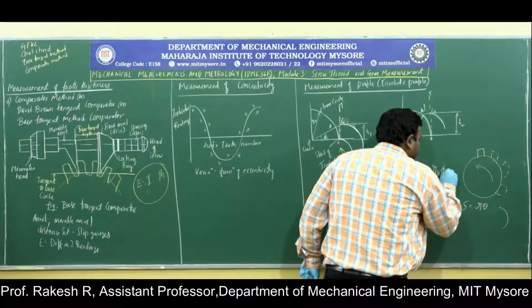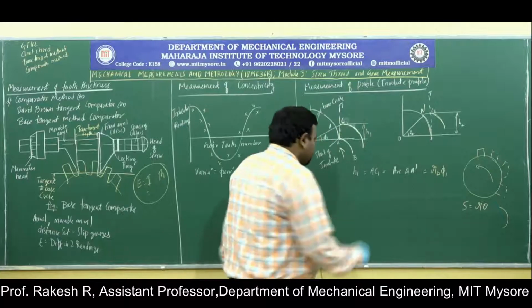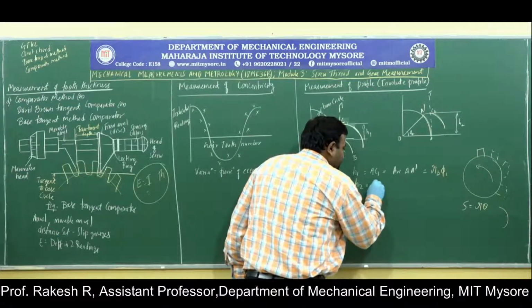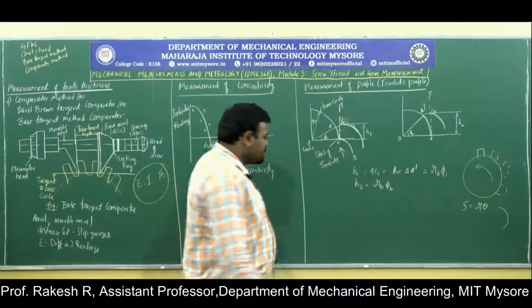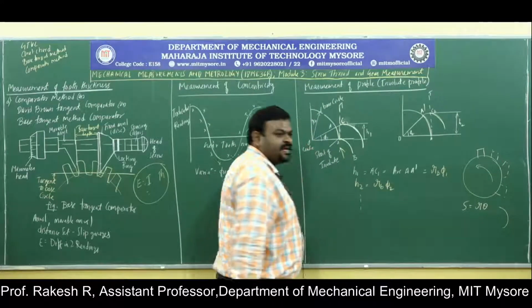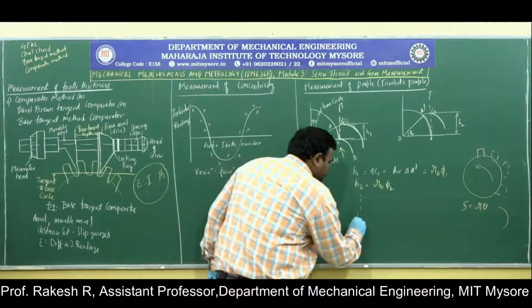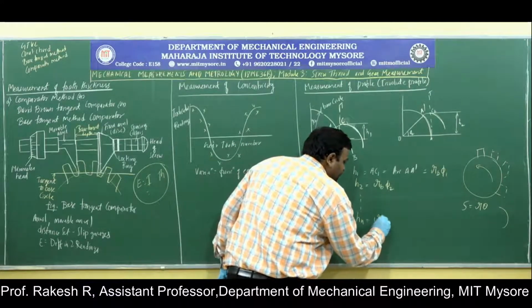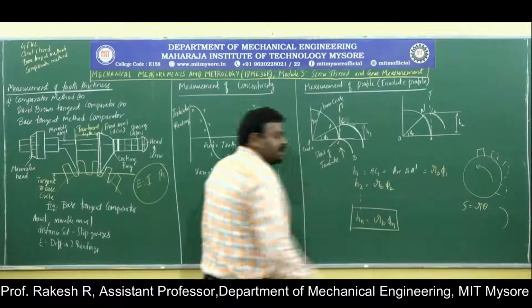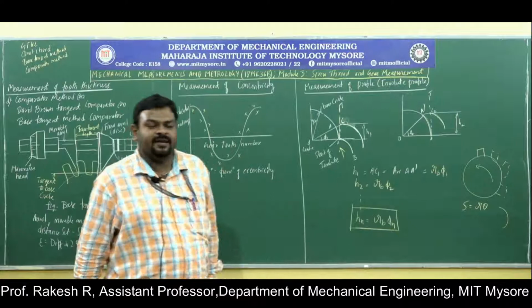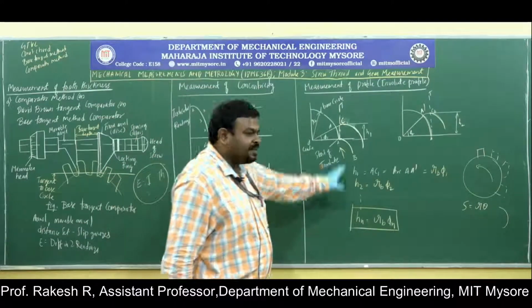Theta is phi 1, the pressure angle. Then H2, similarly, is RB into phi 2, how much it is being indexed. Similarly, if I write it for n teeth, Hn will be equal to RB into phi n. So this is the equation for the nth tooth involute profile. So like this it will be continuing.